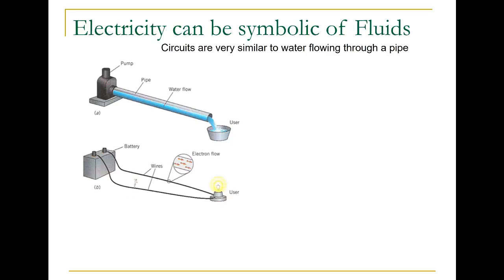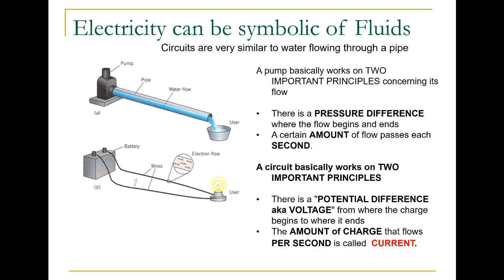The same is true of electrons in a circuit. There's a pressure difference with a pump and a certain amount of flow per second. The circuit is very similar: you have a potential difference, or voltage, and that causes electron flow, which we call current. So it's very important to think about it in these terms.